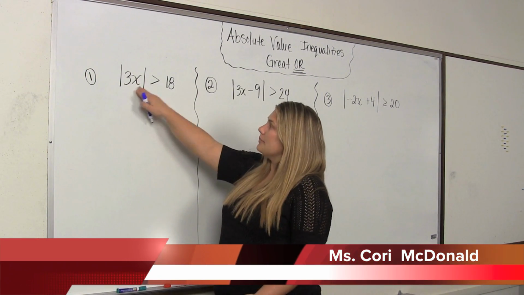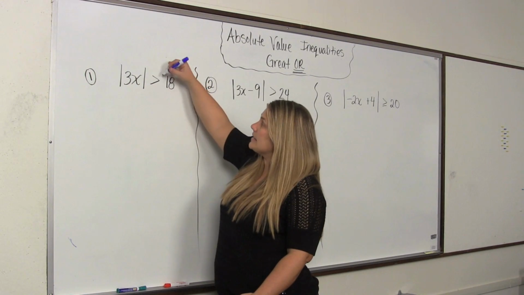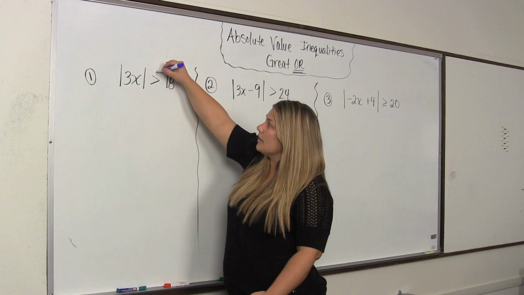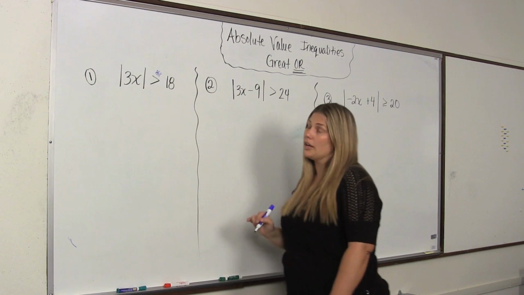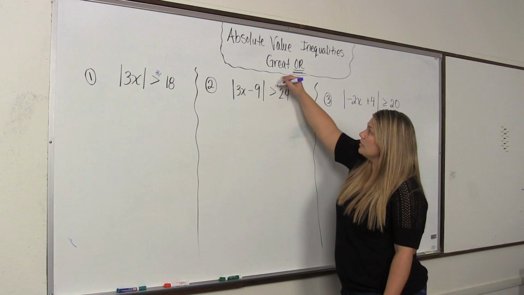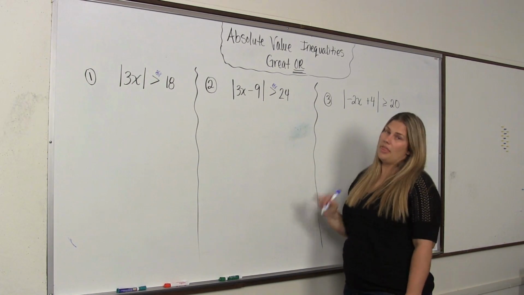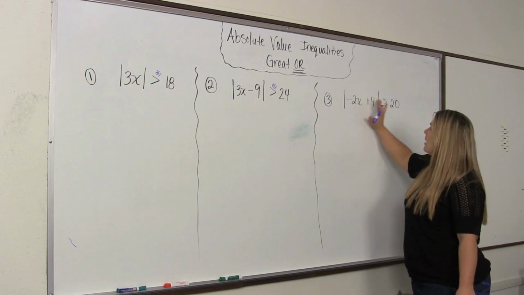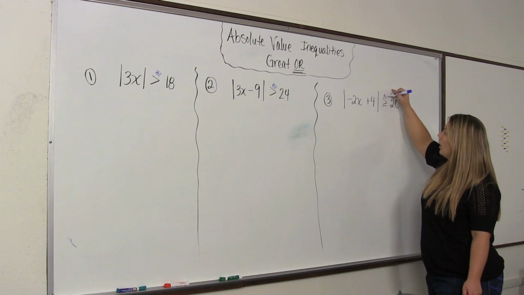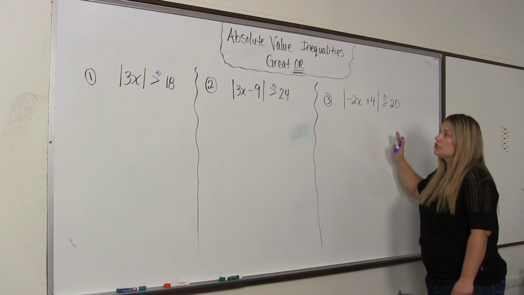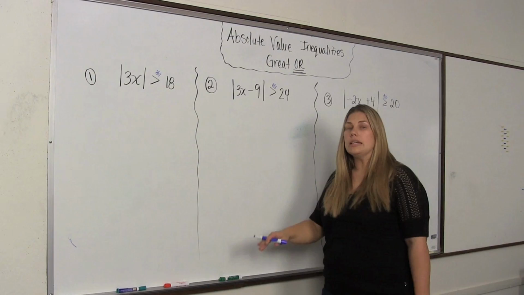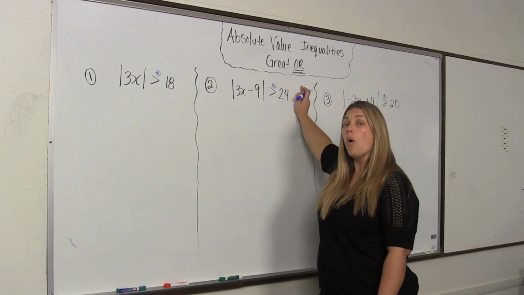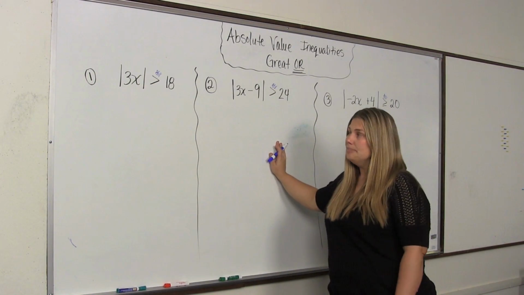So right here it says the absolute value is greater than 18. When I see this greater, I know it's going to become an "or" inequality. The absolute value is greater than 24. And the absolute value is greater than 20. So all three of these inequalities are going to become a compound "or" inequality.